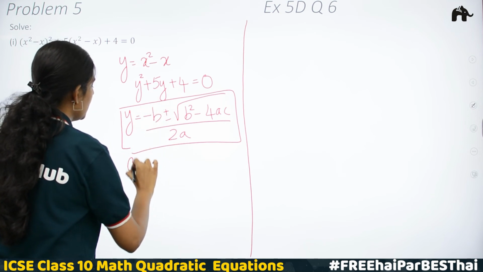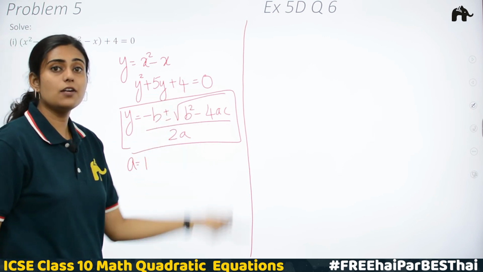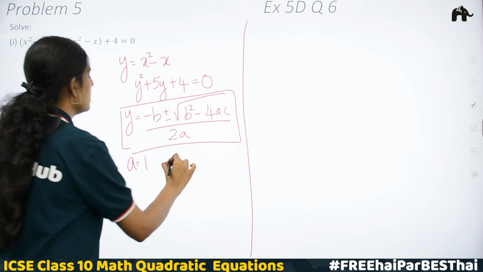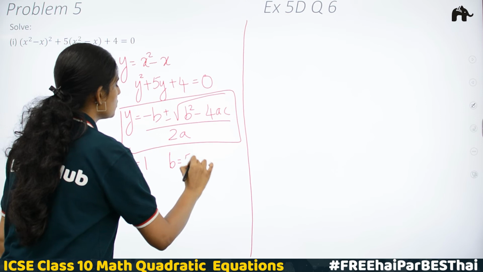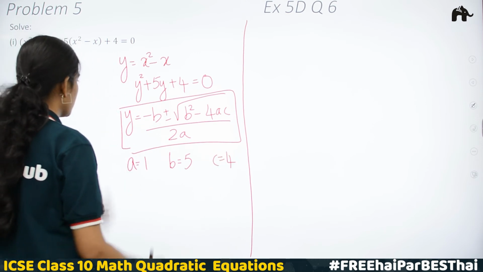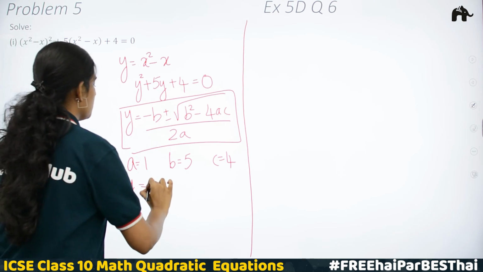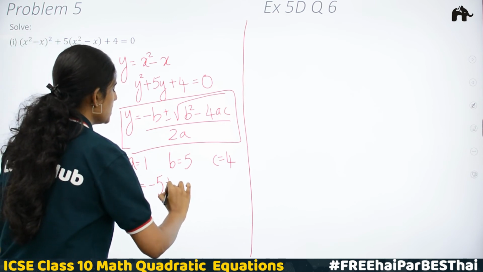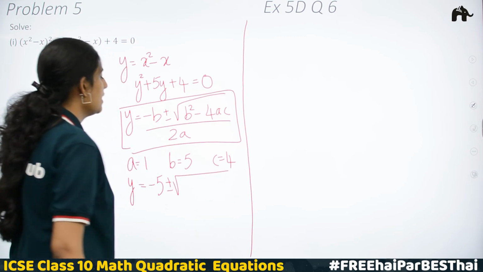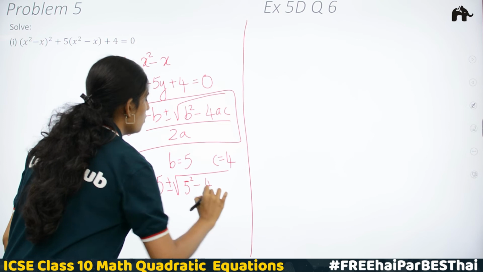Okay. Now substitute the values. What is a here? A is equal to 1. Comparing this equation to the standard form of quadratic equation, a is equal to 1, b is equal to 5 and c is equal to 4. Y is equal to minus b, minus 5, plus or minus root of b square, that is 5 square, minus 4ac.